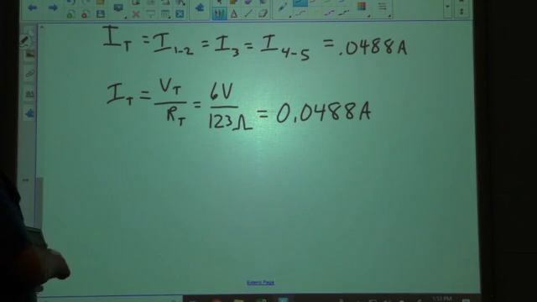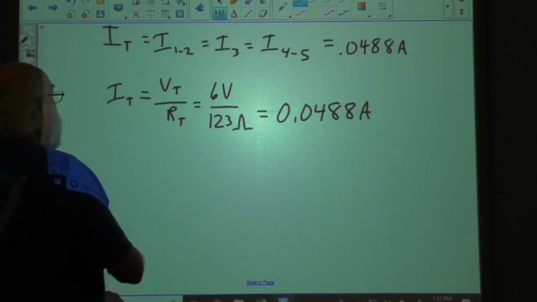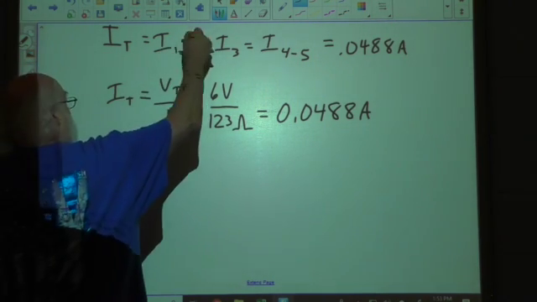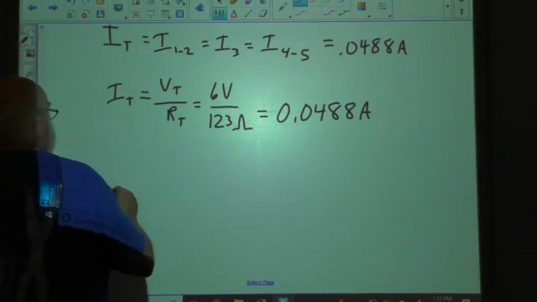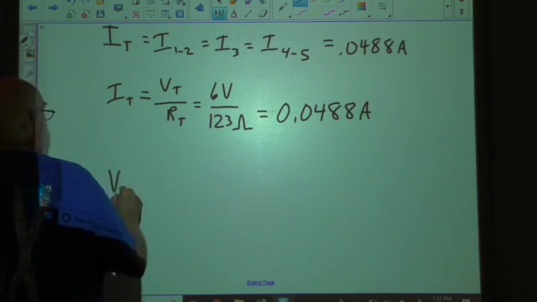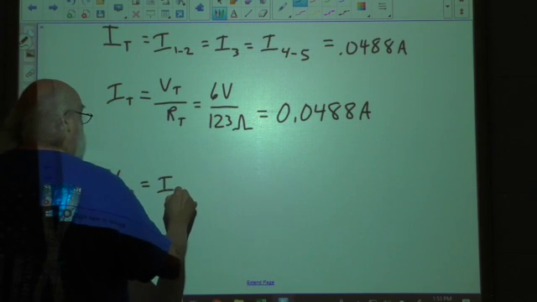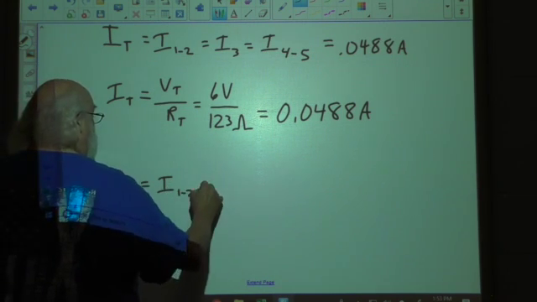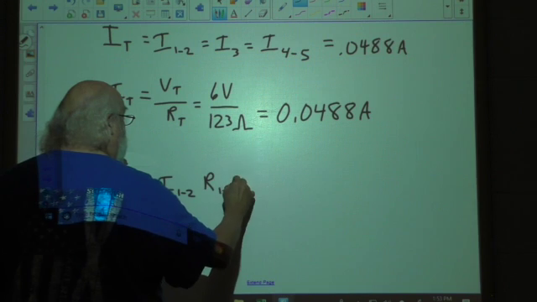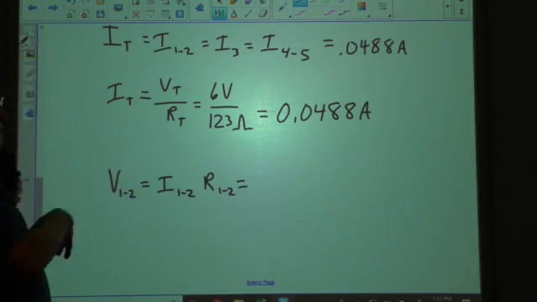Okay, so now what we're going to do is find the voltage drop across each of these three systems. And since V1 and 2 equals I1 and 2 times R1 and 2, I just go find the values that I've already calculated and do that.